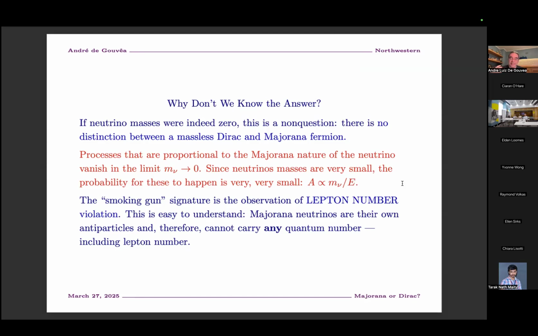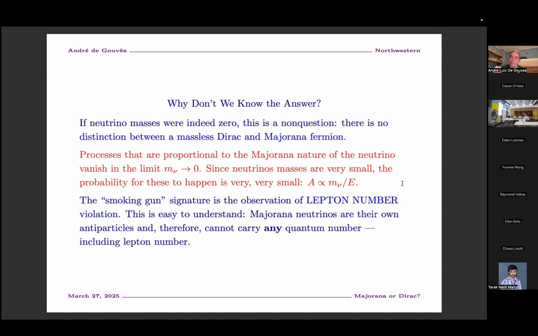So saying this in a different way, the reason we don't know whether the neutrino is Majorana or Dirac is because we can't ask the question if the neutrino mass were 0. So what this means is, if you can come up with some observable that can distinguish between Dirac neutrinos and Majorana neutrinos, the answer that is encoded in that observable has to go away once the neutrino mass vanishes.